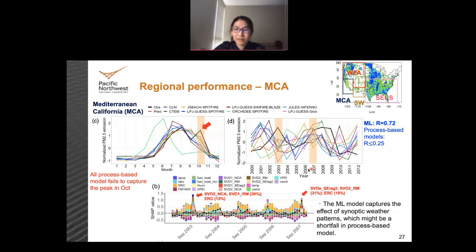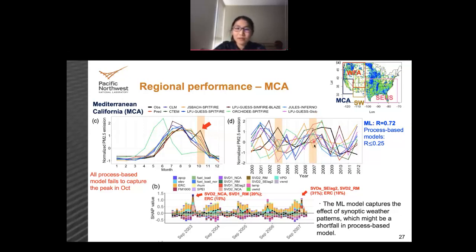So we can also see a peak in 2003 and 2007 from the plot. But for 2003, again, none of the models can capture the peak correctly, except our machine learning model, which simulates the peak but still underestimates it.